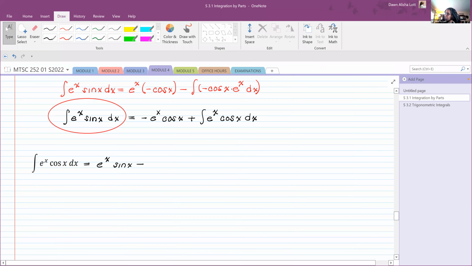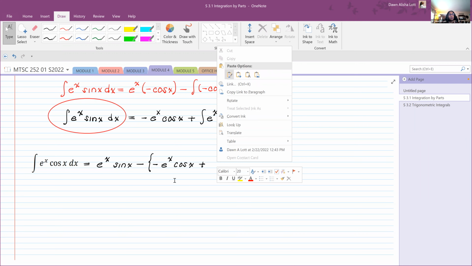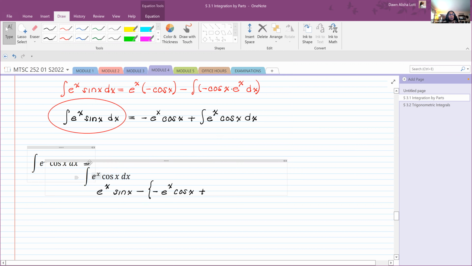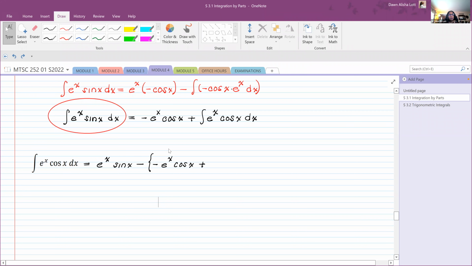But for the integral of e to the x sine x, I'm going to put in what I got, which is minus e to the x cosine x plus the integral of e to the x. Plus, oh my gosh, I got that integral again.